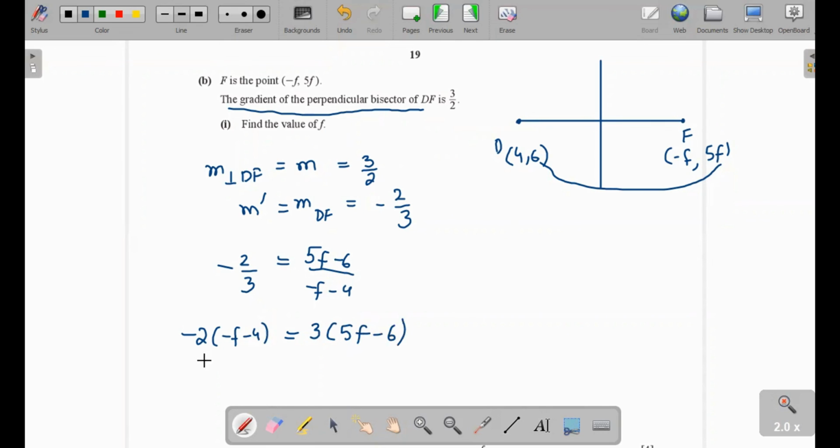Therefore, 15f minus 18 equals 2f plus 8.